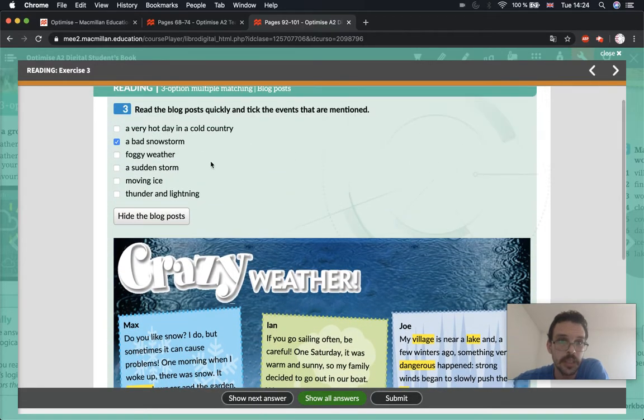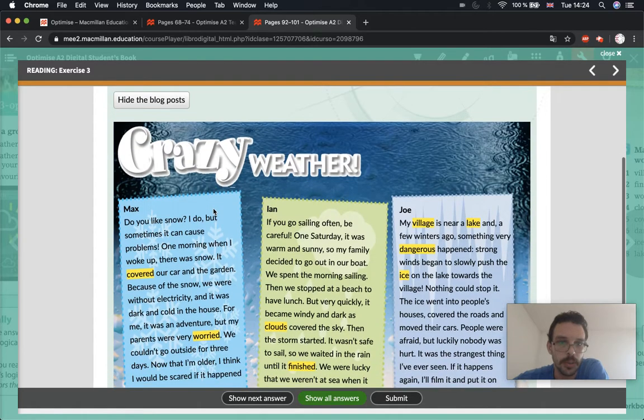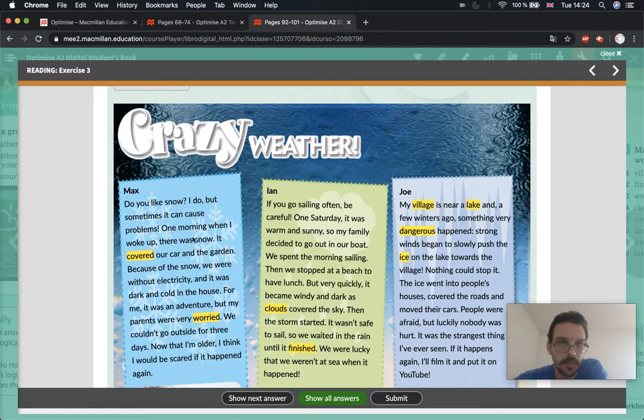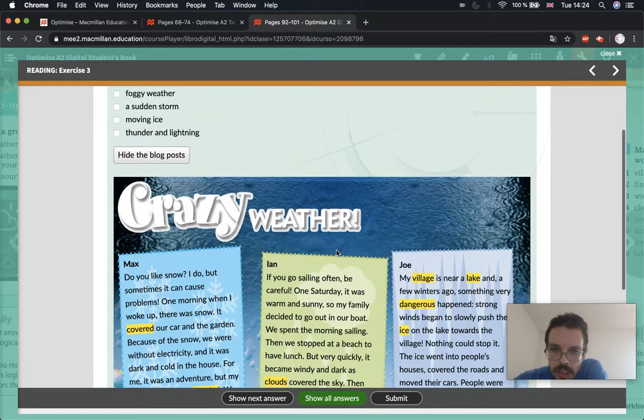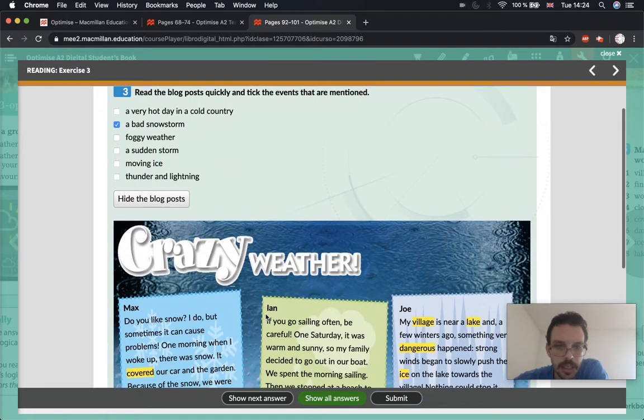So the first thing that's mentioned is a bad snowstorm. Where does it talk about a bad snowstorm? I think here. Do you like snow? Snow covered our car, right? So this is about a snowstorm. Okay, so the next thing that they mention, a sudden storm.